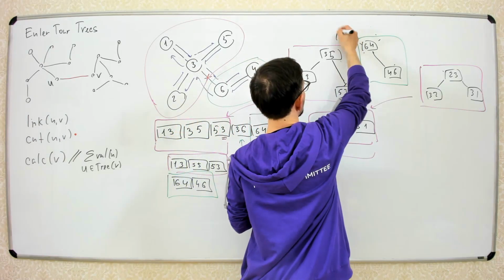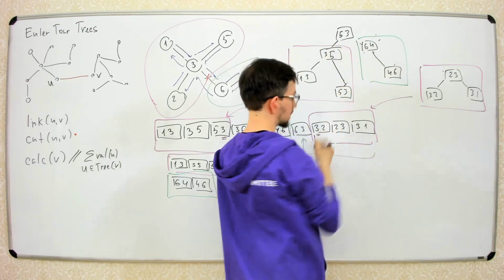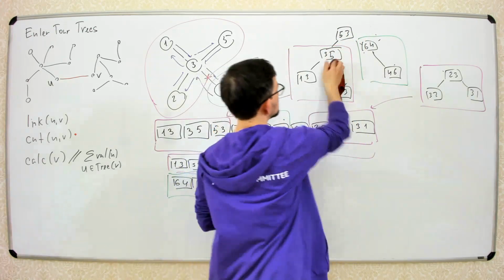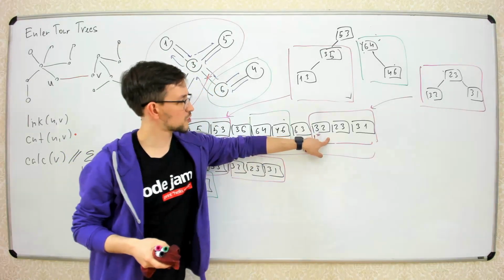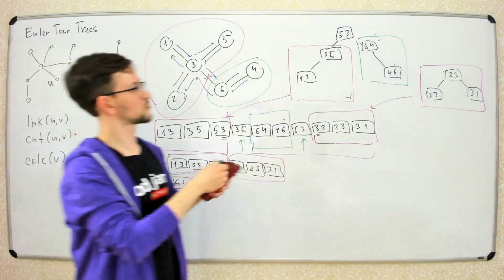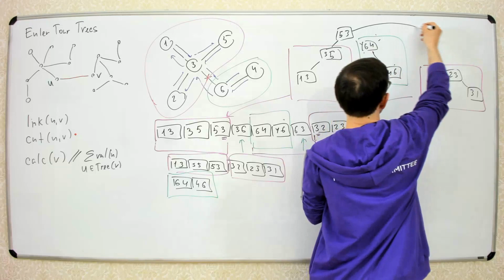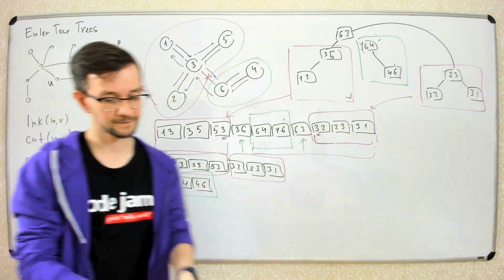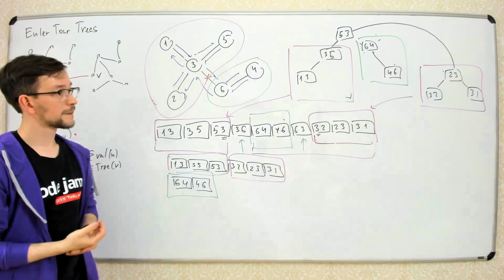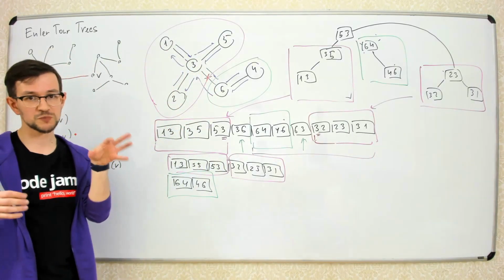So it's 5, 3. And now I simply connect this third tree to this first tree, like this. That's all.